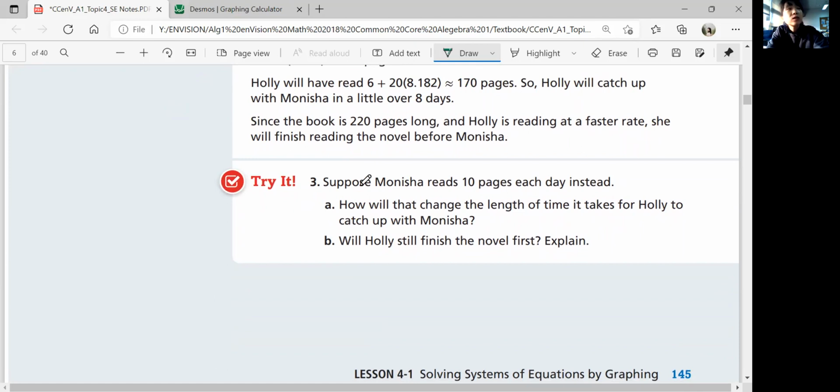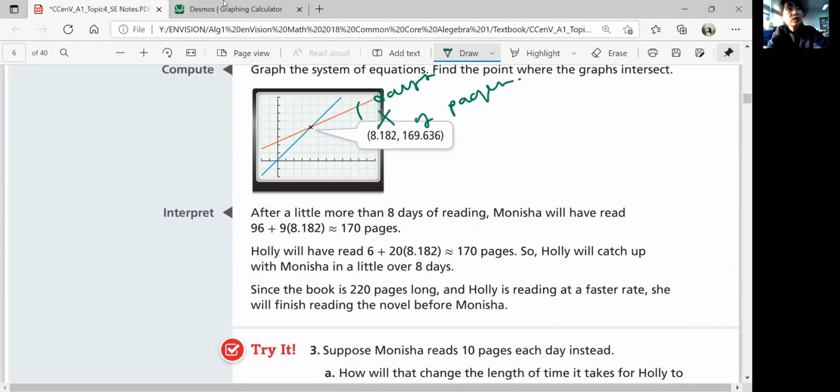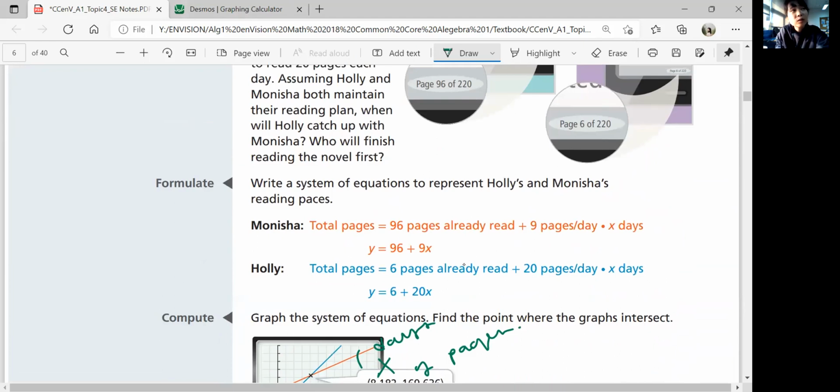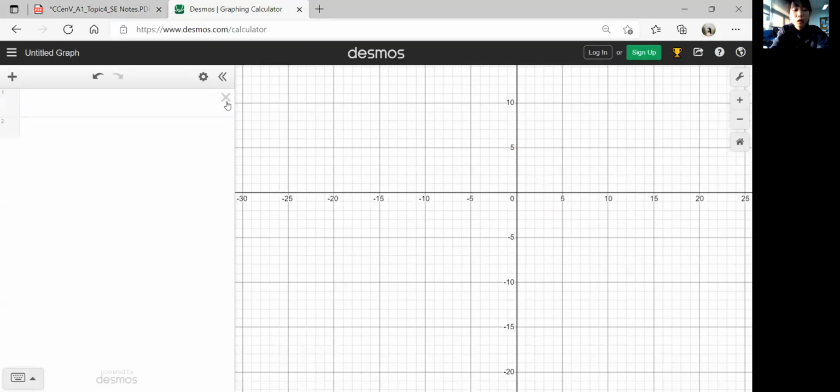Okay, so Manisha, instead of 9 pages per day, she'll have 10. So Manisha's equation changes from 96 plus 9x to 96 plus 10x. Okay, so then let's graph them. This is Manisha's new equation, y equals 96 plus 10 pages per day.